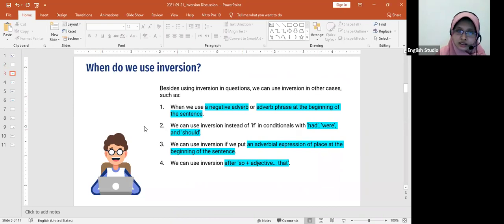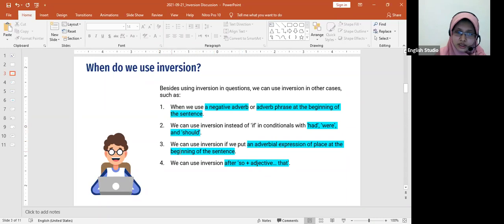The first one: we can use a negative adverb or adverb phrase at the beginning of the sentence. When a sentence starts with a negative adverb or adverb phrase, we can use inversion. The second case: we can create an inversion using had, were, and should to replace if in conditional sentences. We will learn that after this.